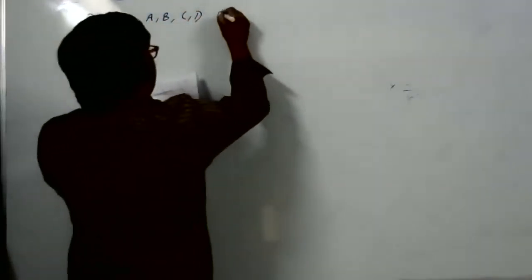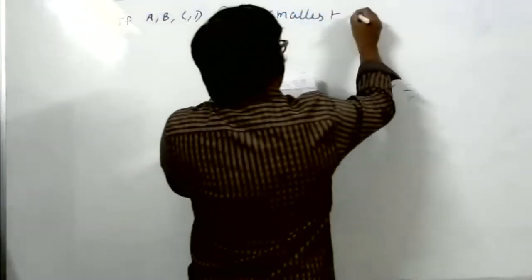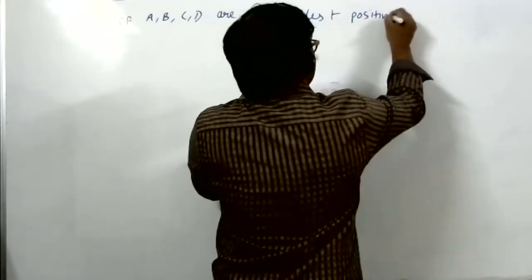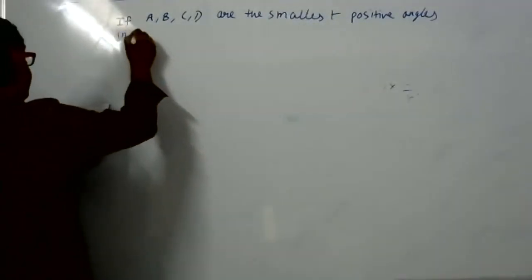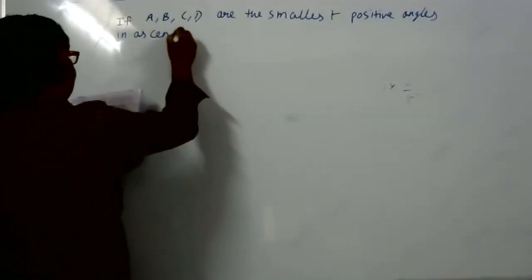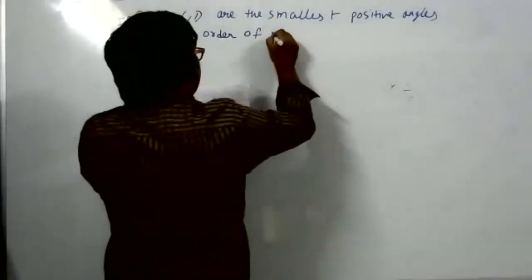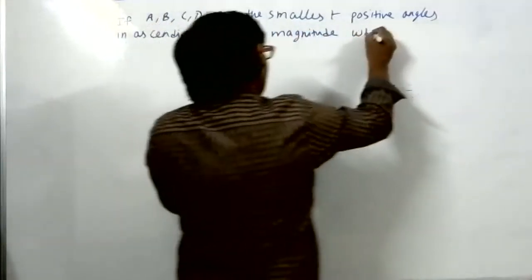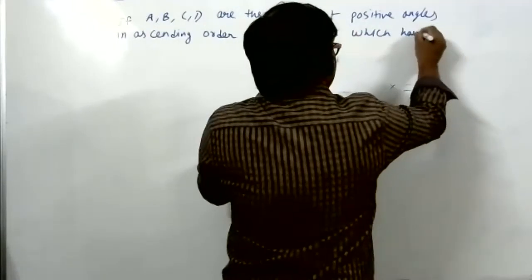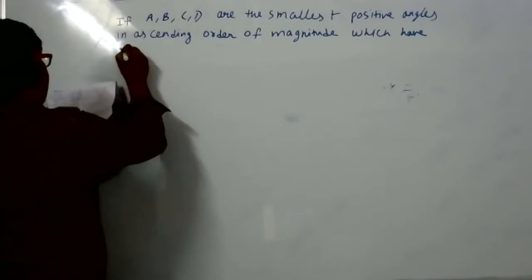If A, B, C, D are the smallest positive angles in ascending order of magnitude, and this phrase is very important, in ascending order, the angles are increasing in magnitude, which have, see students, you know very well, there can be more than one angle for which the sines have the same value.